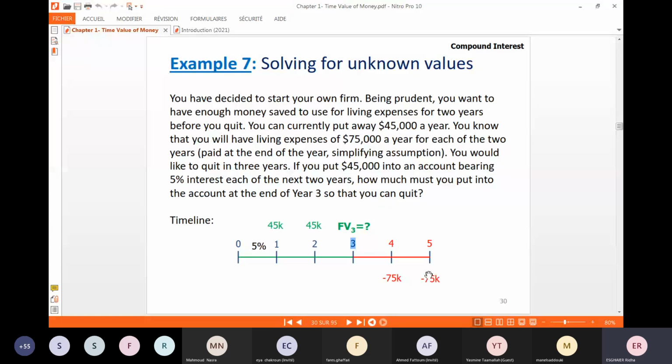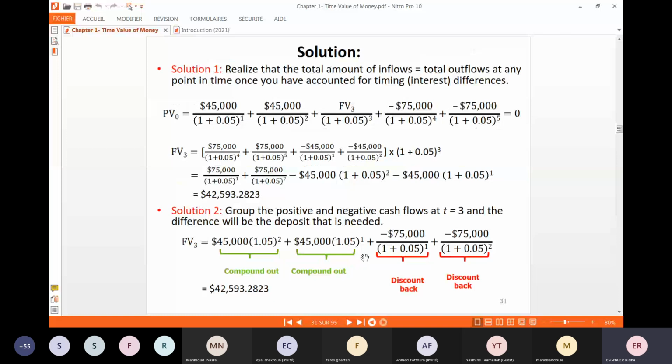It means that in our equality now, we will compound 45 and 45 until the date 3, and we will discount the 75 and the 75 from the date 4, the date 5 to the date 3. This mathematically will give us this equation.